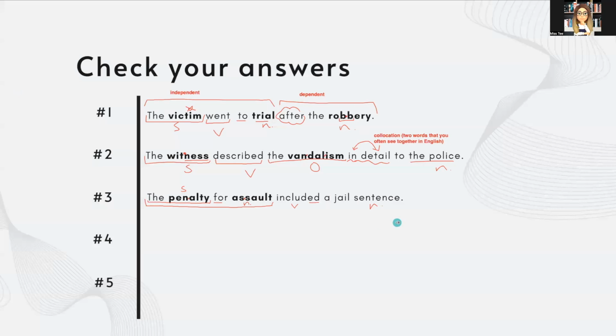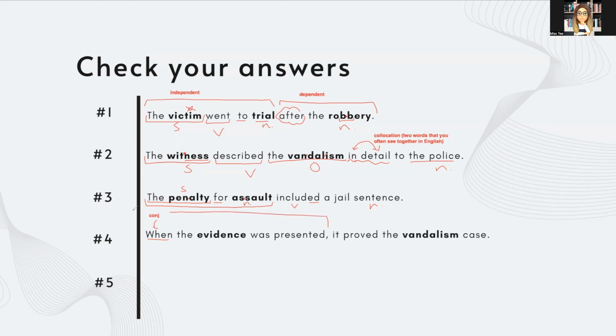For 4, when the evidence was presented, it proved the vandalism case. So there's a couple key things for this one. We're starting with a subordinating conjunction, when. And this tells us that we're working with a dependent clause at the beginning because we're starting with that subordinating conjunction.